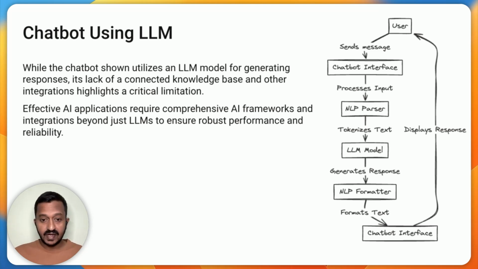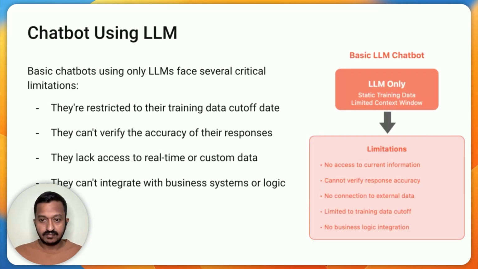So building effective AI applications requires a comprehensive set of AI frameworks and tools beyond LLMs, and that is where LangChain comes in. So what happens when you're building a chatbot just using LLMs? There are several critical limitations or challenges, I can say.